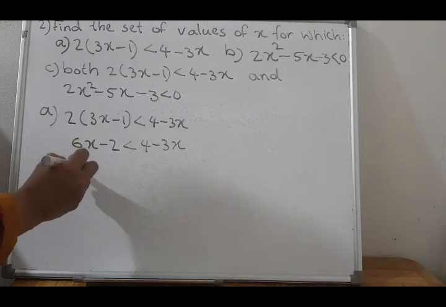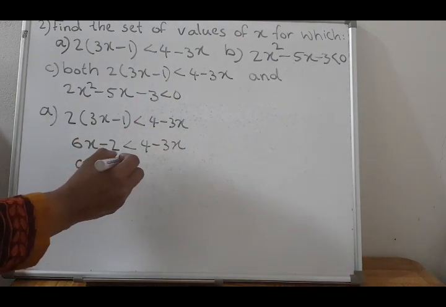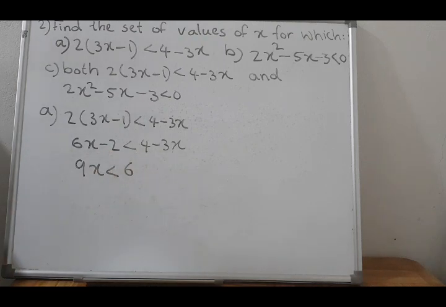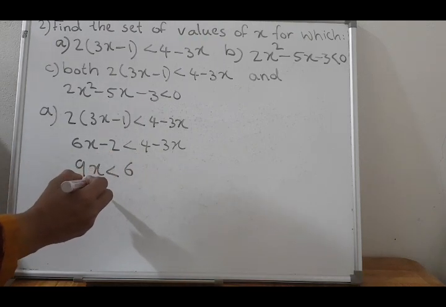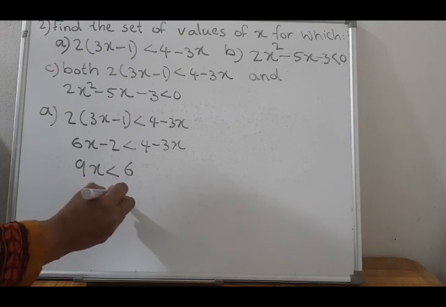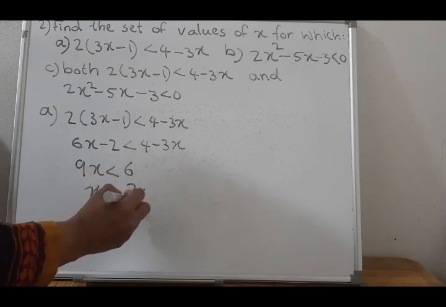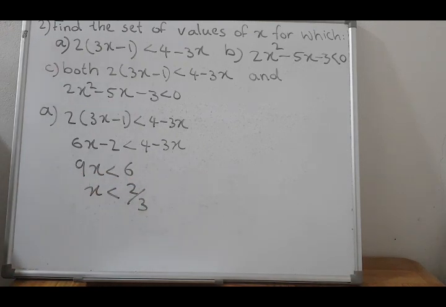That is 9x is less than 6 or x is less than 6 divided by 9 or 2 divided by 3. See, A part is just a linear inequality. We got x is less than 2 divided by 3.